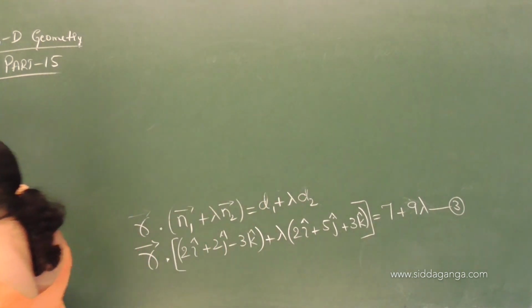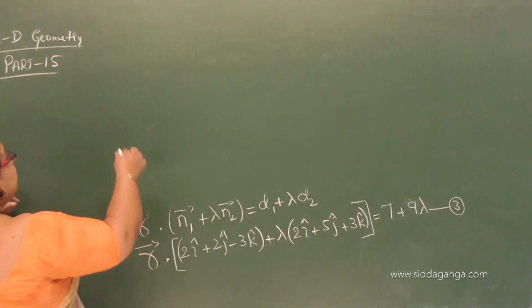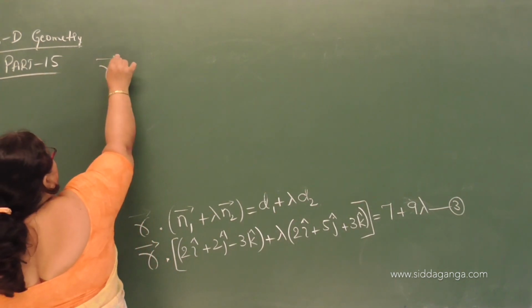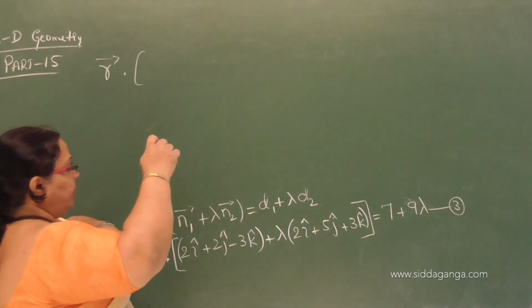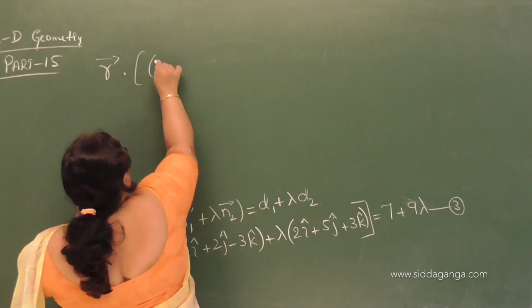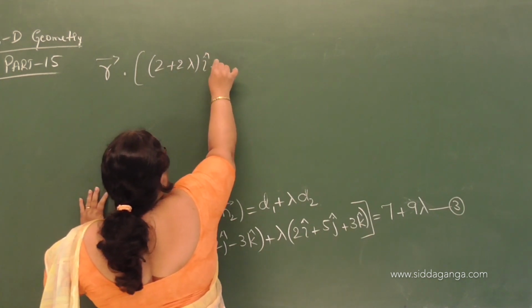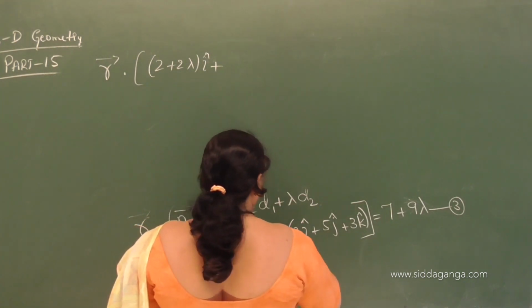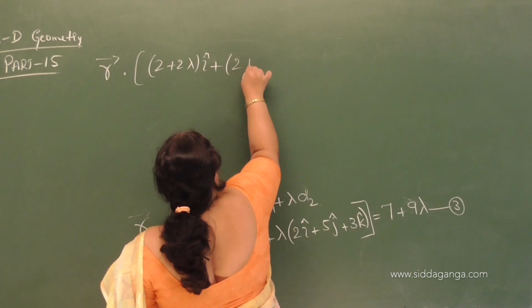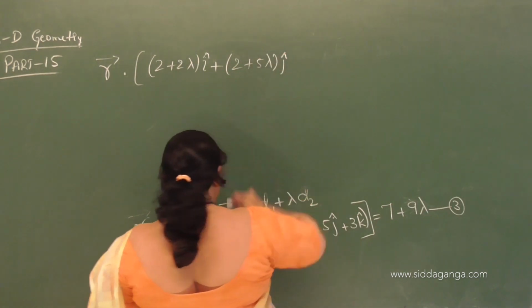Now this is written as vector r dot (2 plus 2 lambda) into i cap plus (2 plus 5 lambda) into j cap.